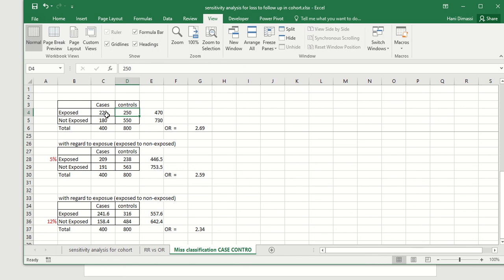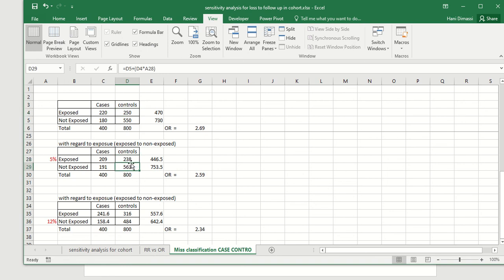Okay, so removing 5% of the cases, I'd have to remove 20. I think yeah, so I'm removing 11 and putting them below. So instead of 180 I now have 191. And removing from 250, I think it's 12, and putting them below, it becomes 563.